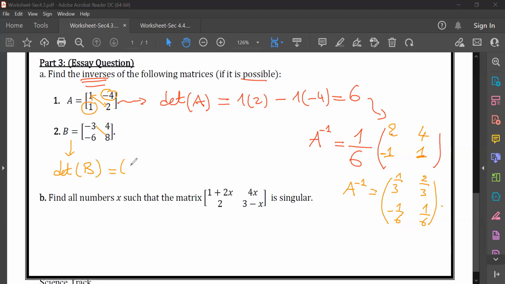So it's minus 3 times 8 minus 4 times minus 6. Well, minus 24 plus 24, 0. What does it mean? This means that B is singular and B inverse doesn't exist.